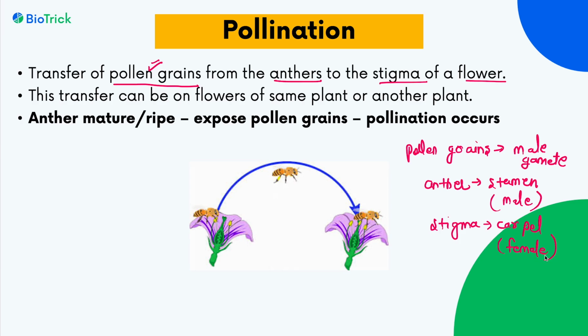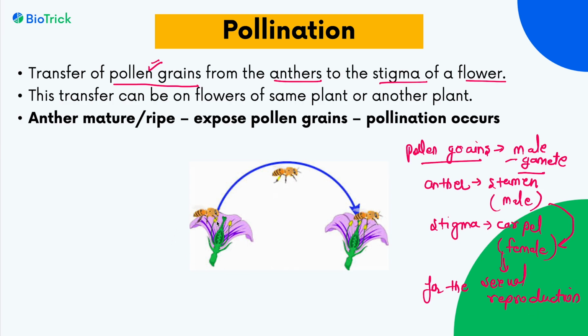So what is pollination actually doing? Pollination is transferring the pollen grains or the male gametes from the male reproductive organ to the female reproductive organ for sexual reproduction. Pollination is essential for the process of sexual reproduction.